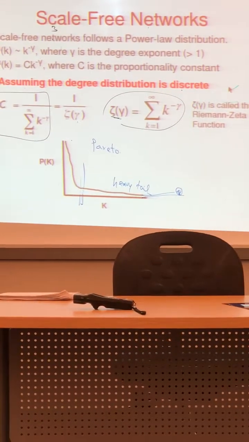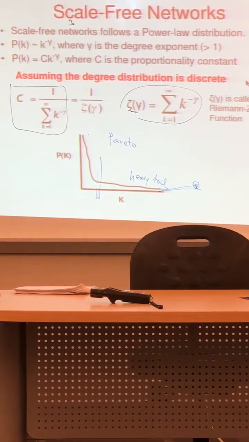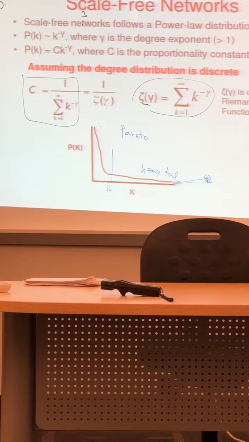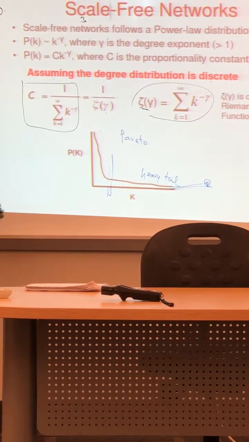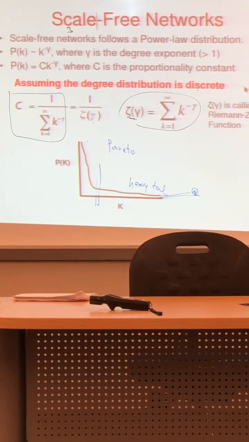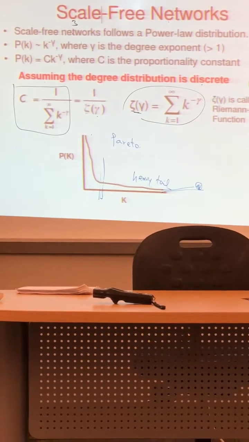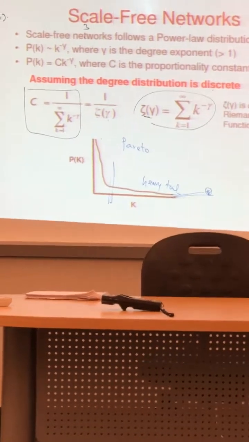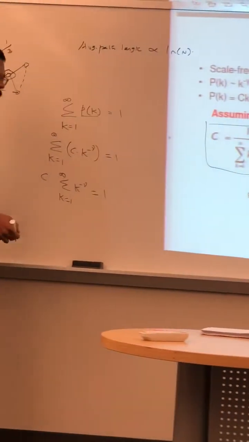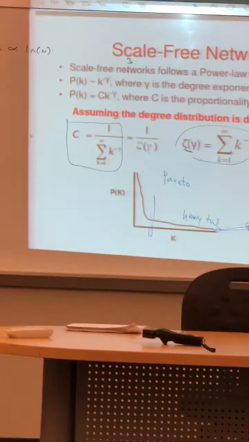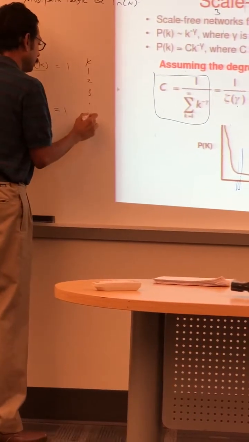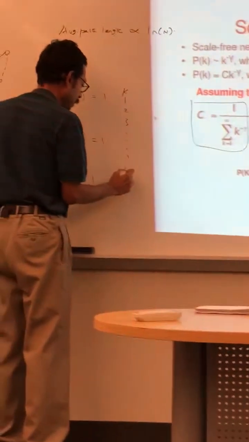Okay, so you may wonder how, because it goes up to infinity, right? Any idea how we can find, in reality, for a given gamma the value of C? Open an Excel spreadsheet. Try k values 1, 2, 3 up to some number, say 10 or 20.